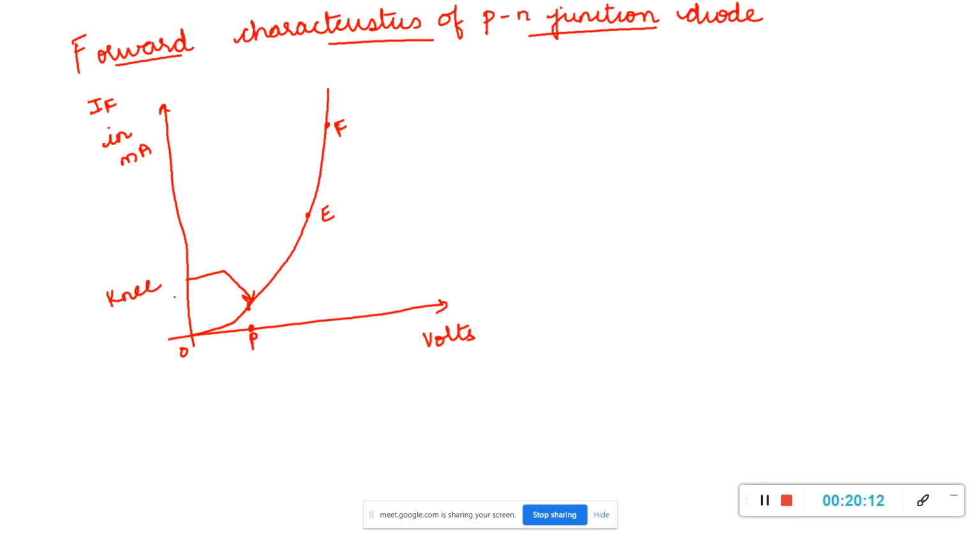This point, the P point, is known as the knee. This is C. This is D. Okay, now let me explain these forward characteristics. This is a graph of delta VF and delta IF.